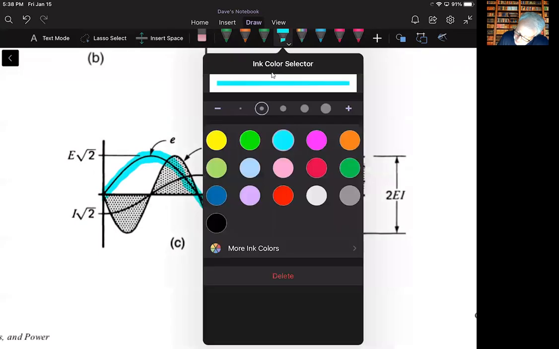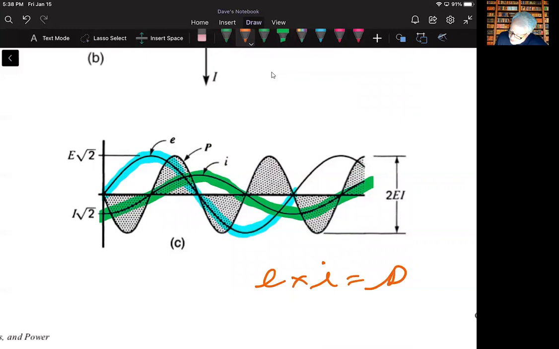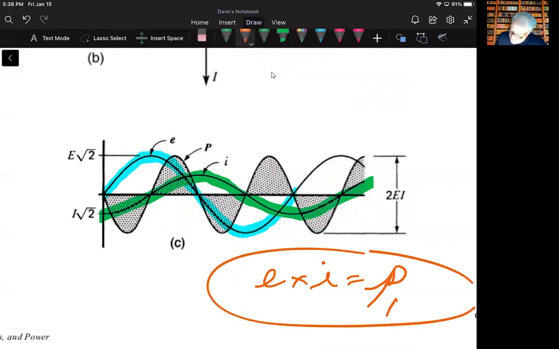And here is the current. We'll go with green for current. And then just as before, we're going to plot instantaneous values by multiplying the instantaneous value of E times the instantaneous value of I to get the instantaneous power, okay?